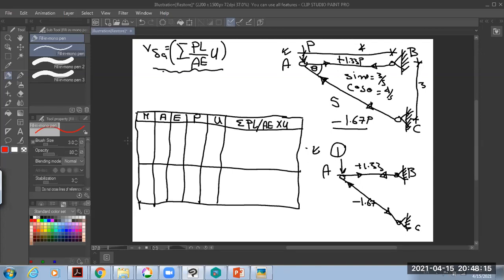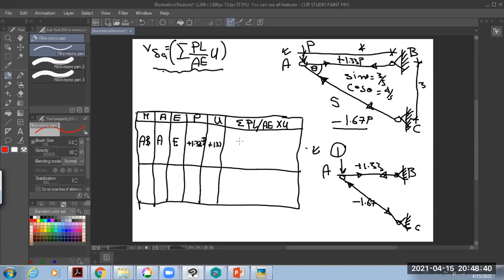First member is AB. Constant area A, constant E. B equals plus 1.33 B. Okay, U equals 1 plus 1.33.